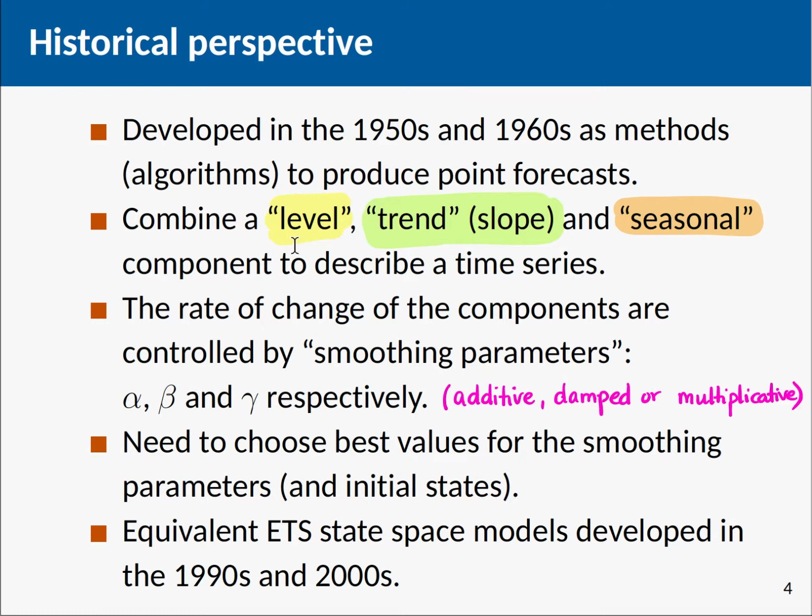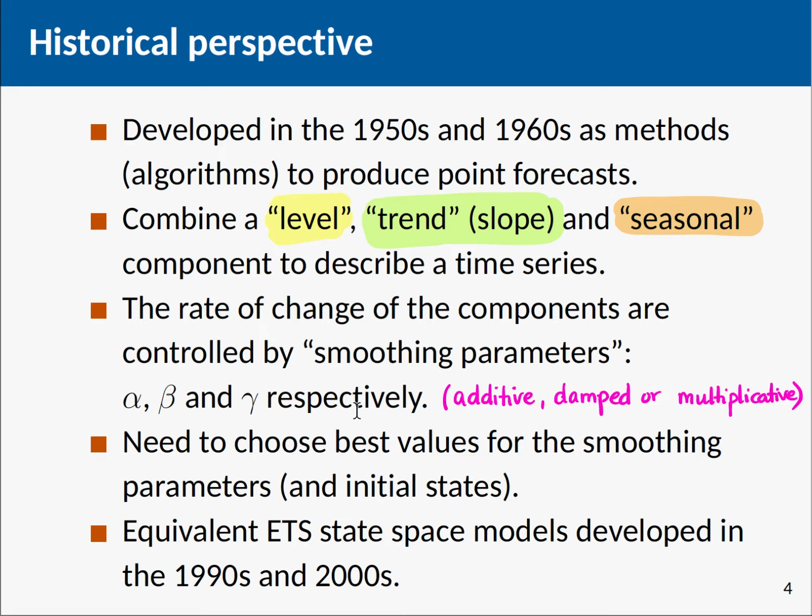And I'll explain in a second what alpha, beta, and gamma are and how these would change the forecasts. Beta would control the slope of the time series, and gamma would control the seasonal component of the time series. Now, how smooth the rate of change is going to be is controlled by these smoothing parameters.